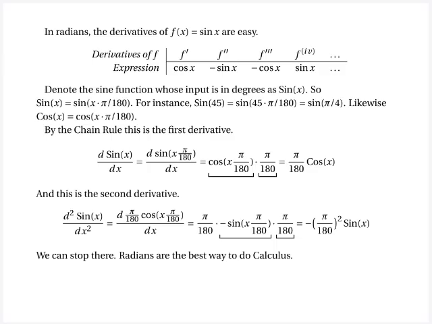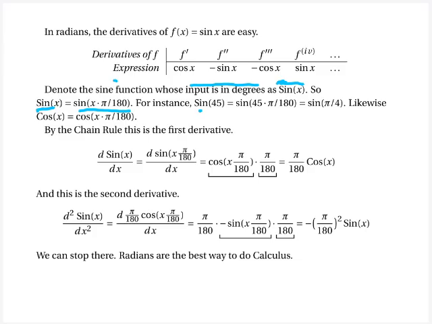If you denote the sine function whose input is in degrees as capital S sine of x, and that's common in some contexts, then we get the capital S function in terms of the lowercase s function as being sine of x times pi over 180. Right, there's 2 pi in 360 degrees. Canceling the 2 gives you pi over 180.